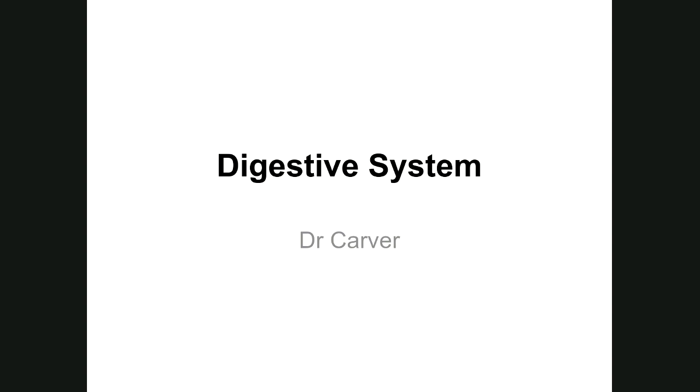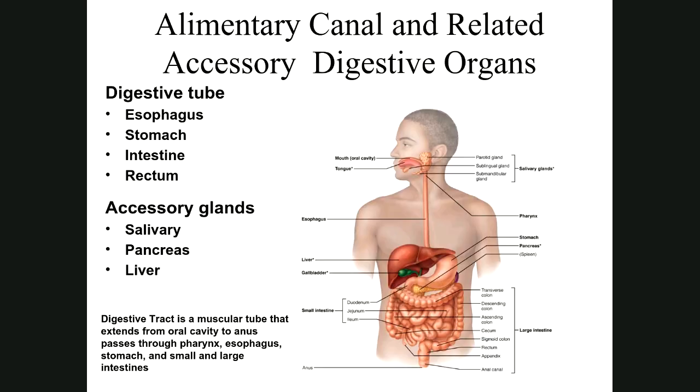The organs of the digestive system fall into two groups. So, let me tell you some things about the digestive system, the alimentary canal. We also call it the gastrointestinal tract or GI tract.